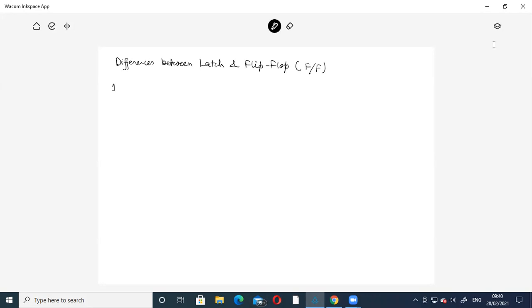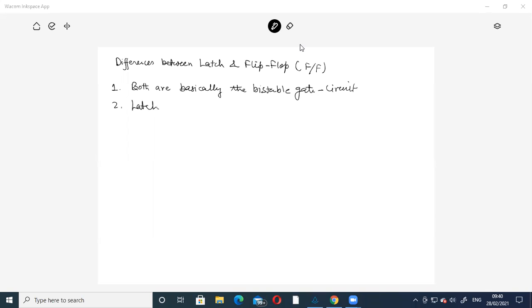So the first difference is both are basically bistable gate circuits.